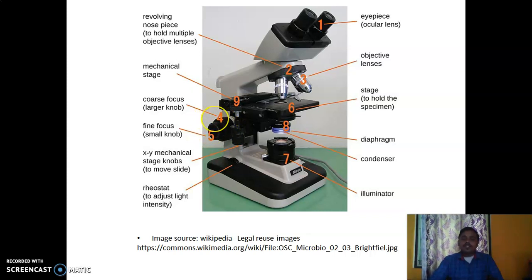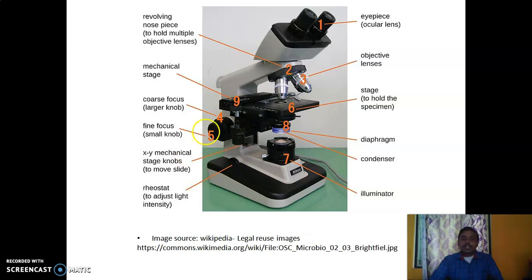The second one is the fine focus, that is the smaller knob. If you want to adjust very minutely, you can use the fine focus. These fine focus and coarse focus are basically adjustment knobs, like zoom in, zoom out, when you want to adjust the level of detail, like how we use a camera.